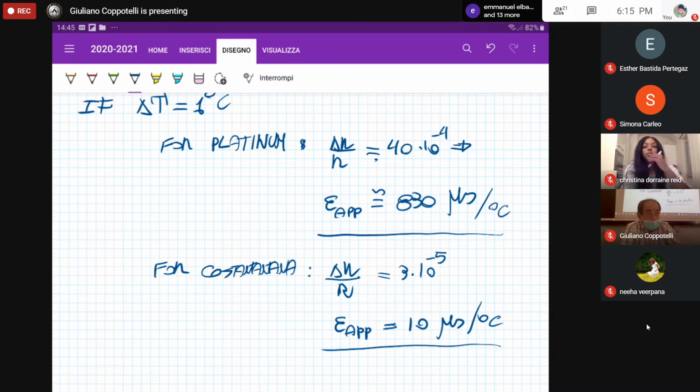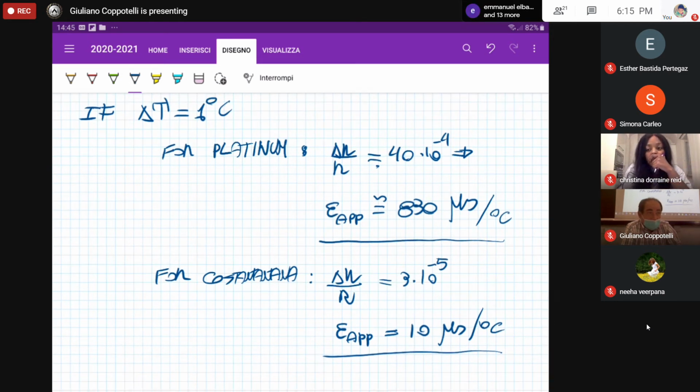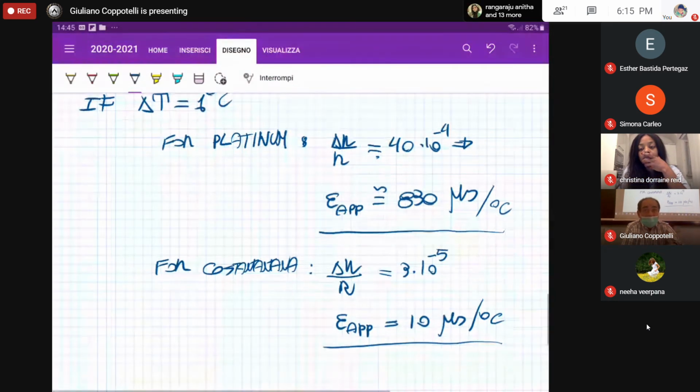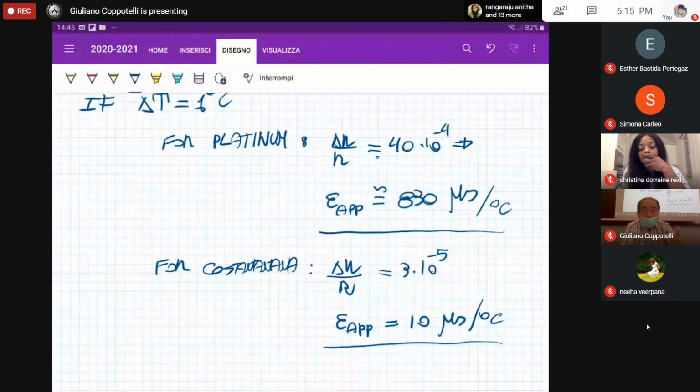However, and here comes the double use of the strain gauges, we can reverse the point of view. We can use such a measuring device, the strain gauge, not just to measure the strain, but to estimate the temperature, because platinum-based strain gauges are very sensitive to temperature. Therefore we can have a double income because we can sell strain gauges both for the strain measurement, but also for the temperature.